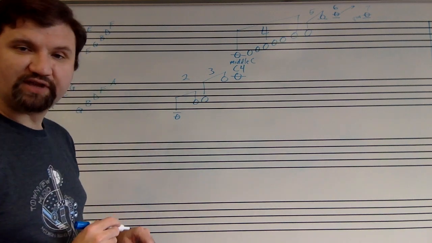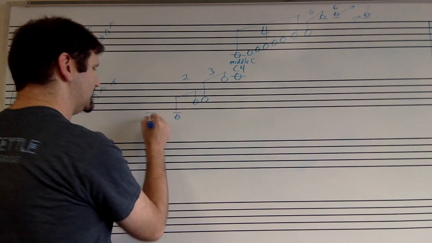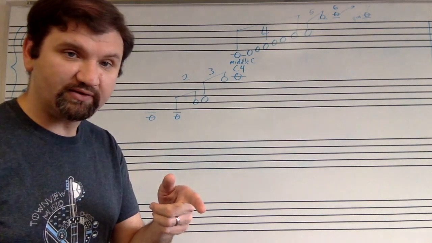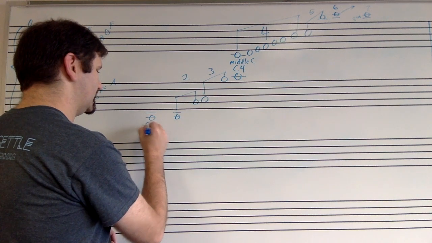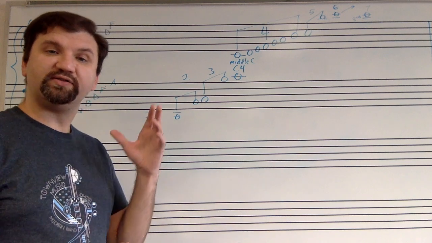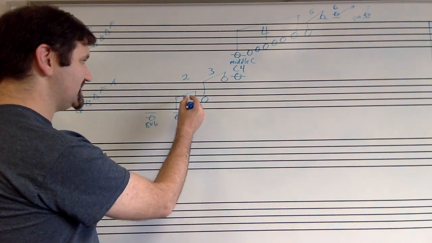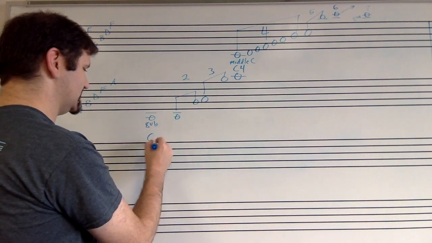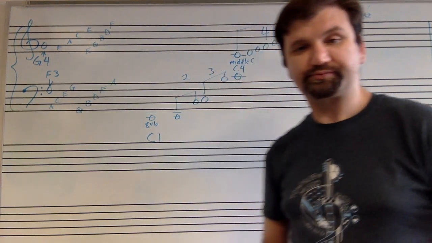Now I could draw a bunch of ledger lines here as well, but why don't I just, instead of octave above, use 8VB, octave below, ottava basso. And so if this is C2, now this is C1, the lowest C on the piano.